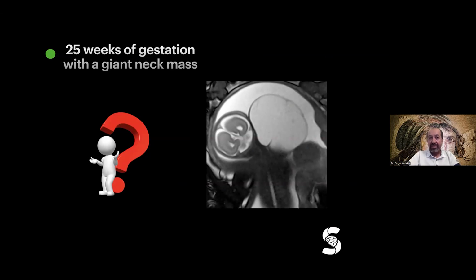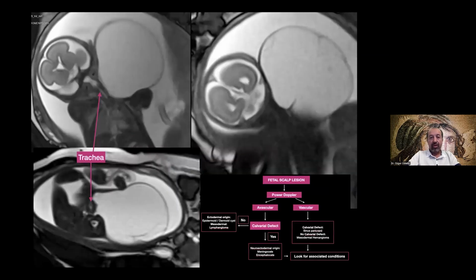However, it doesn't cause significant compression of the trachea, and if you look carefully, there is no compression of the trachea and aryepiglottic fold. Lymphatic malformations are typically located in the posterior subcutaneous tissue, but they often extend laterally and may be confined to one side of the neck, leading to postural asymmetry.